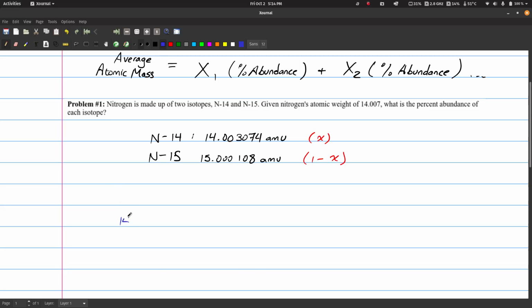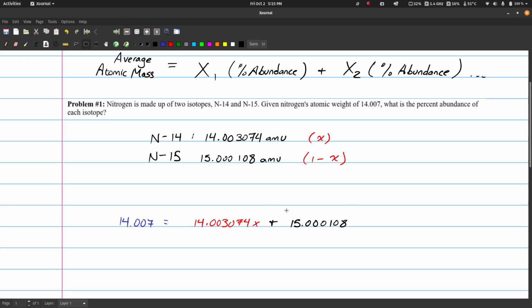So we have 14.007 equals, red, 14.003074 times x, and then this is plus 15.000108.